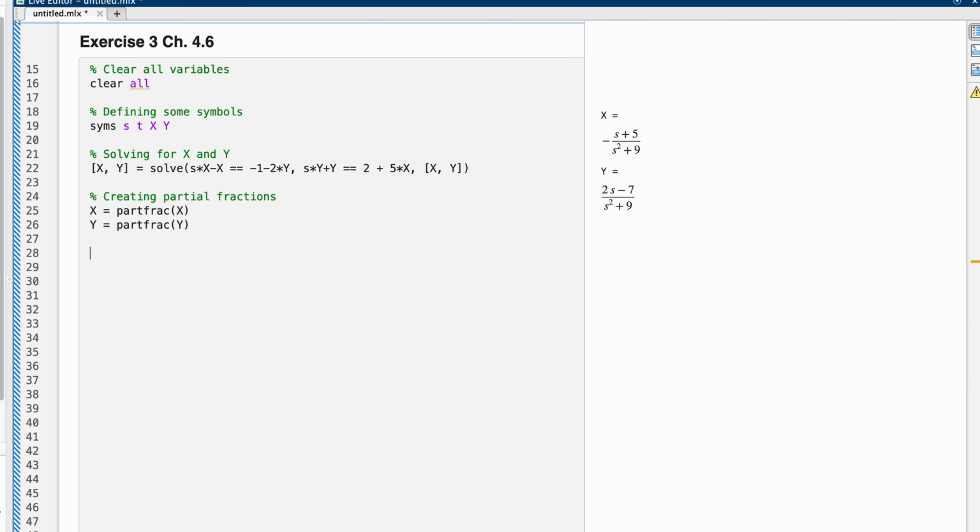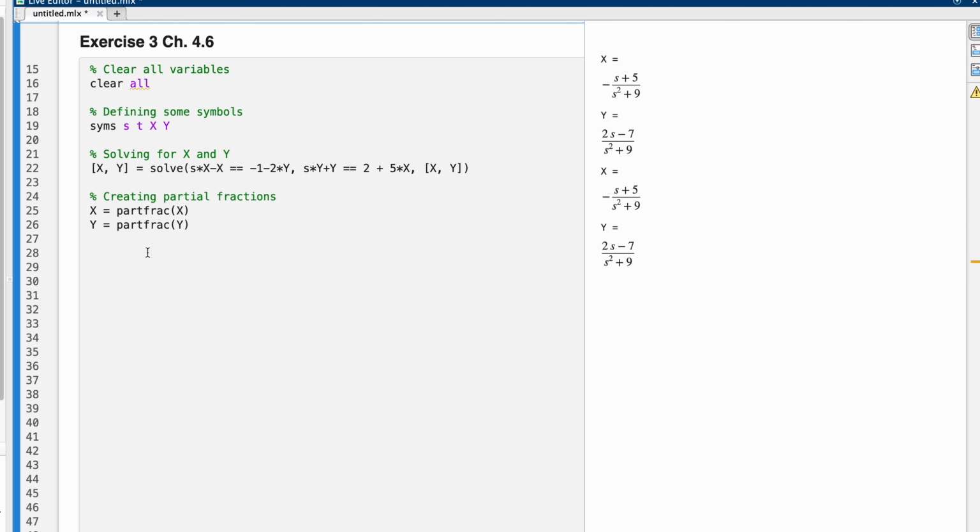And now, press Control Enter, we'd have these things, right? So actually, there was no way to apply partfrac to these. But I'm showing you how to do it for other exercises as well.